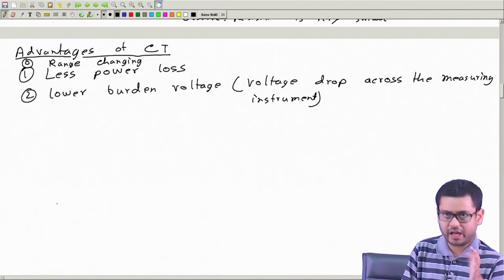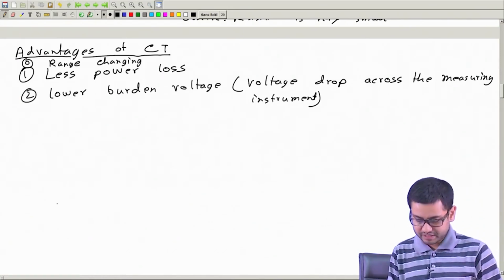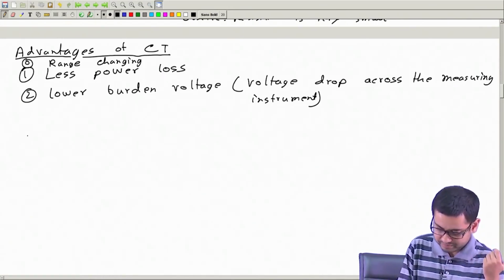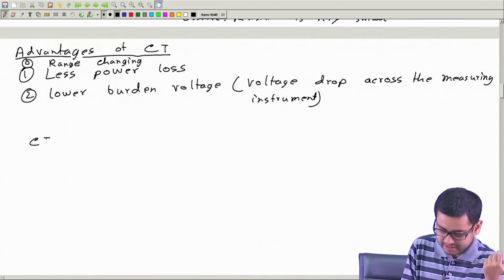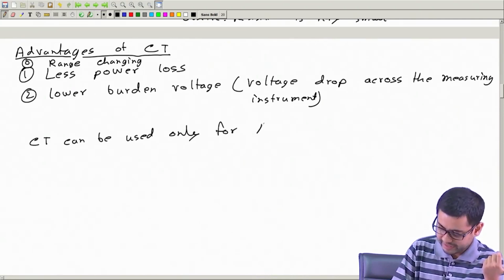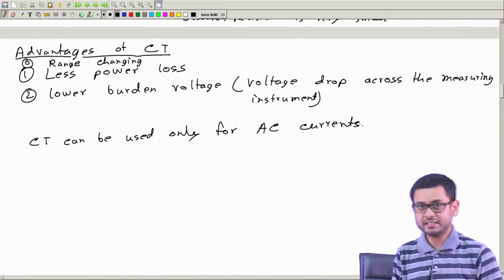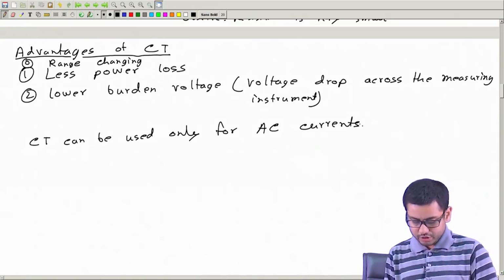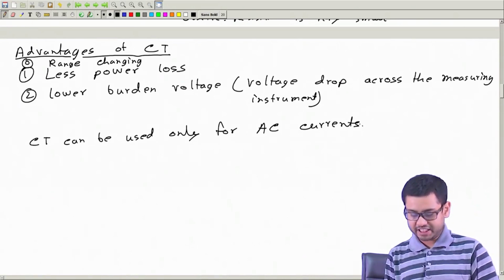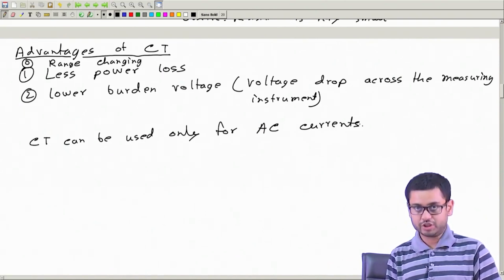Okay, so these are some of the advantages we have seen so far. Now the obvious fact is that CT can be used only for AC circuits, AC currents, because transformers do not work with DC at all. So for DC circuits we cannot have a current transformer.